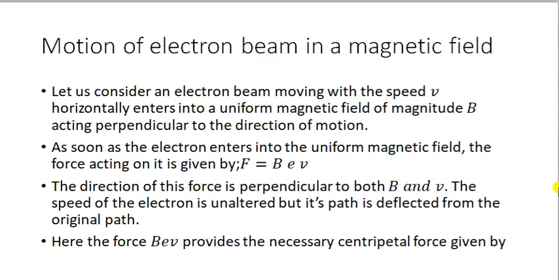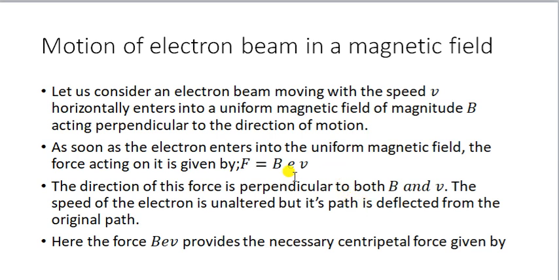Now I'm going to the next part, and that is the motion of the electron beam in a magnetic field. Let us consider an electron beam moving with speed v, horizontally entering a uniform magnetic field of magnitude B, acting perpendicular to the direction of the motion. As soon as the electron enters the magnetic field, the force acting on it is given by F is equal to Bev, because this is the force due to the magnetic field.